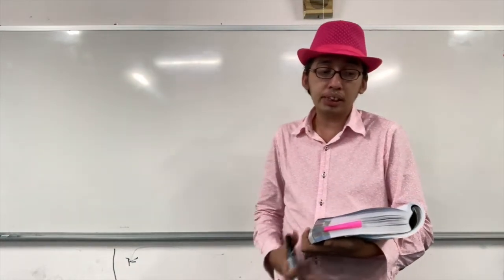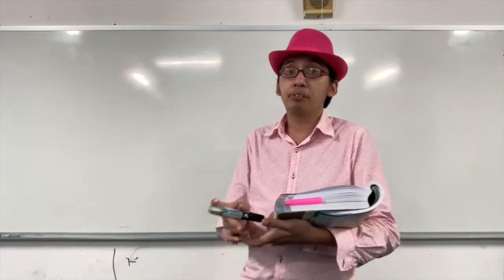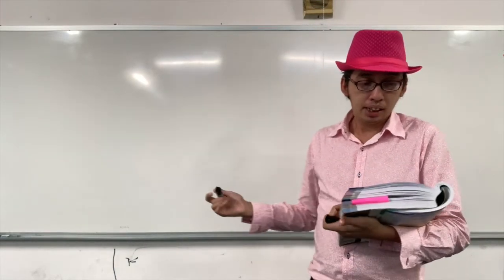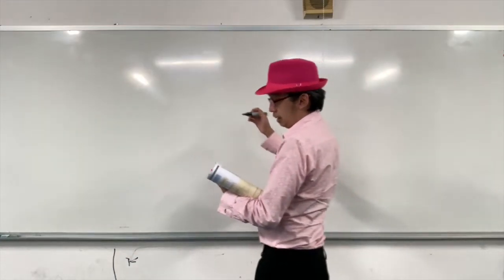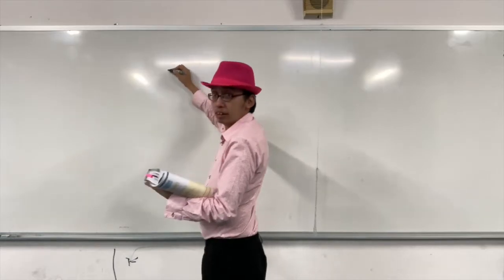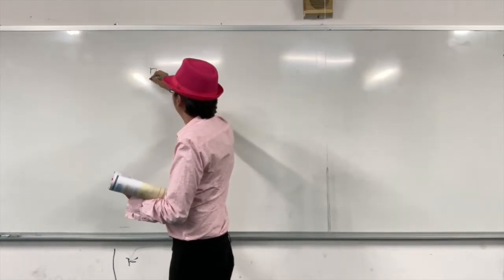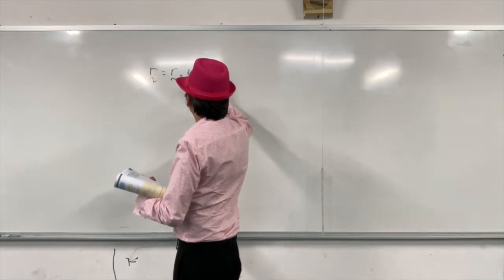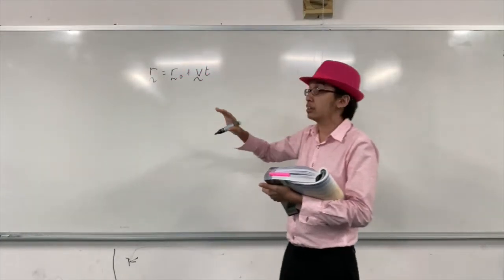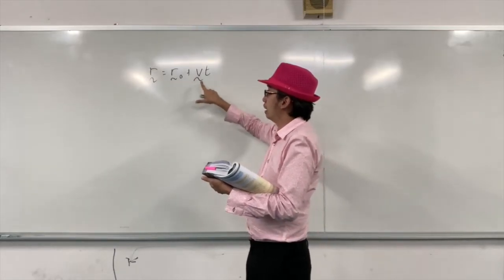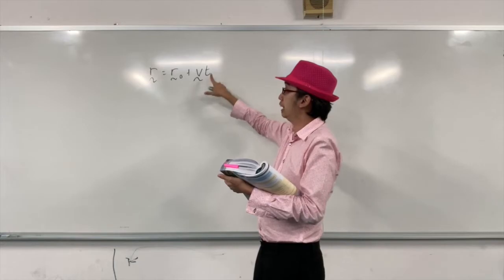The first question they want you to find is the velocity of A. Earlier on we have established that r is equal to r naught plus vt, where r naught is the position vector of one point on the line, v is the velocity, and t is time.